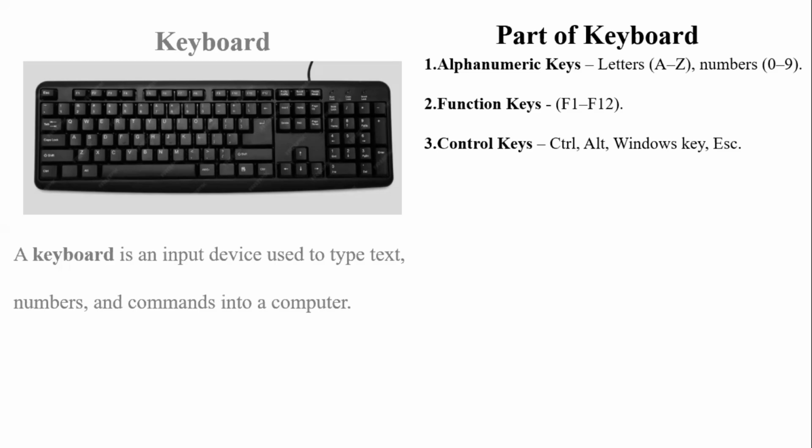We also have the Windows key. Normally the Windows key is not hidden. If you open your laptop or carry a keyboard, you see the Windows sign there. And we also have Escape. You see it at the top, at the first row, together with the function keys.